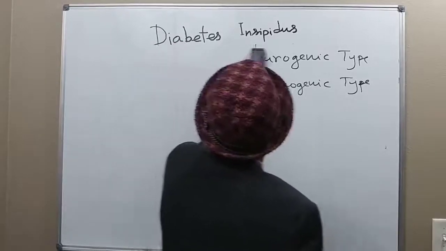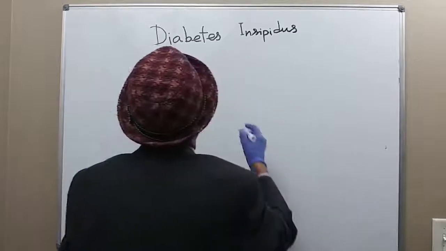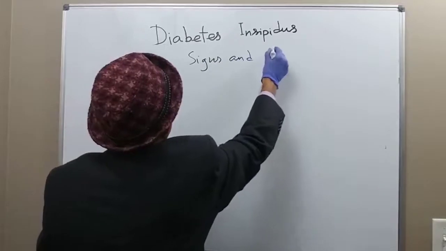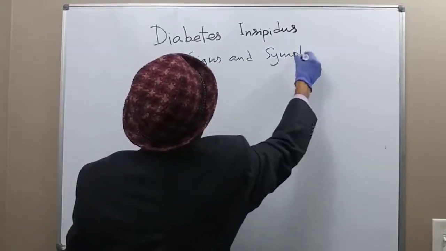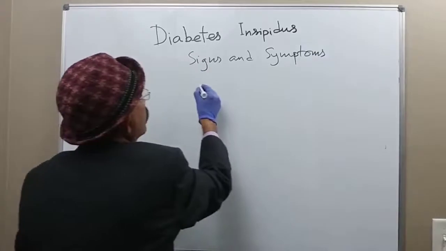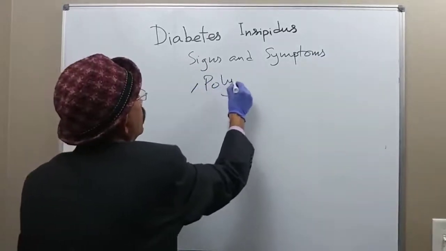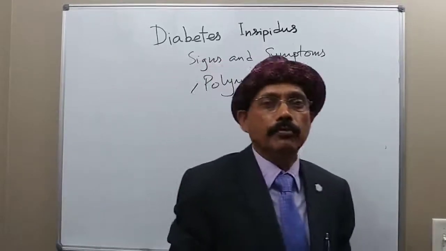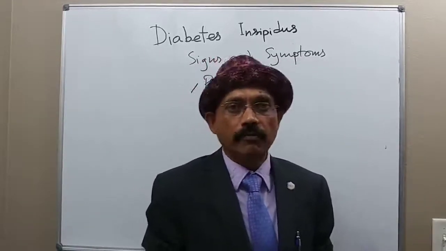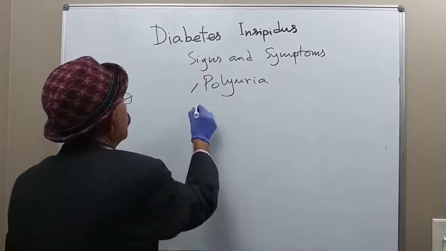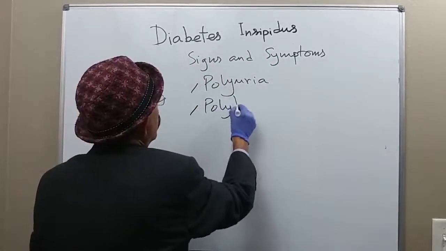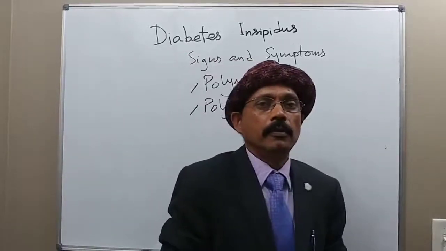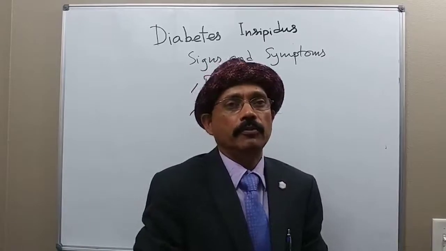So what are the signs and symptoms of diabetes insipidus? We get polyuria, which means increased frequency of micturition. People go to the restroom very frequently. Then polydipsia, which happens due to dehydration.